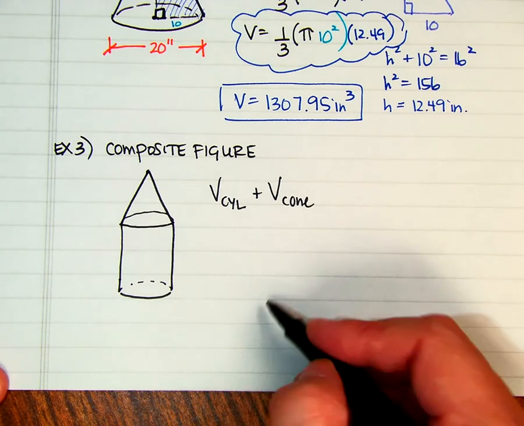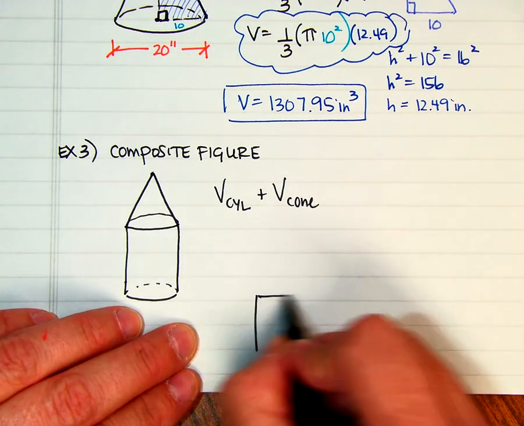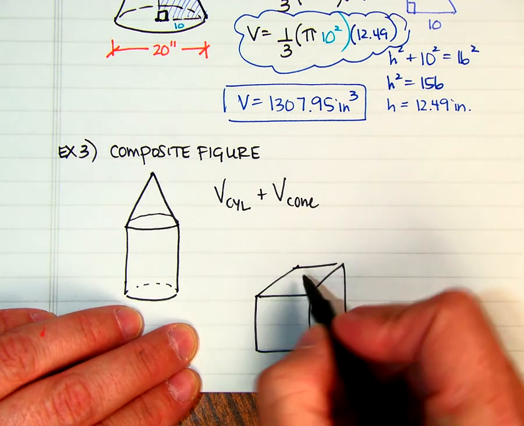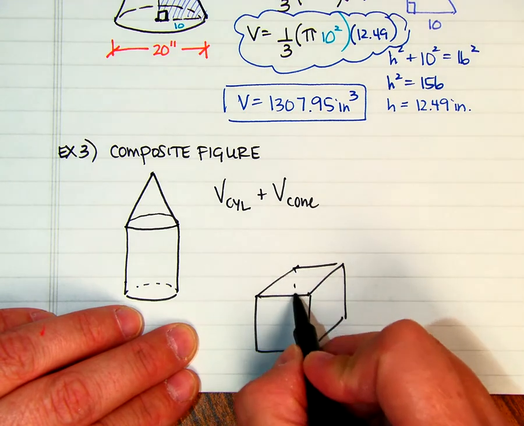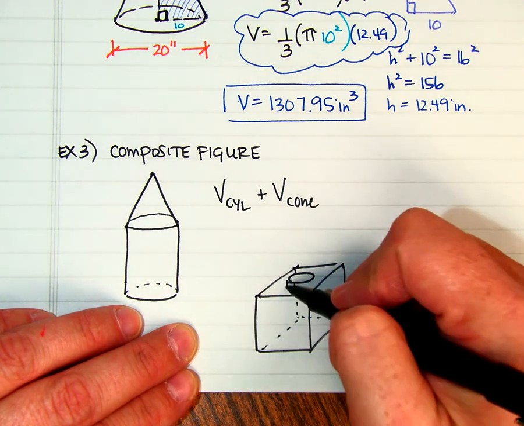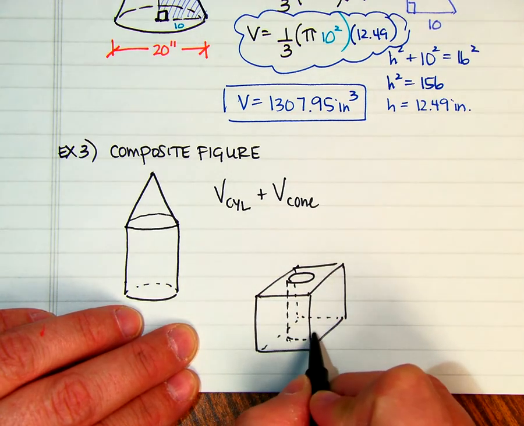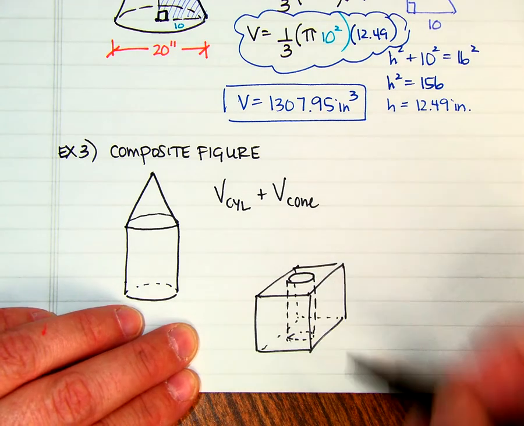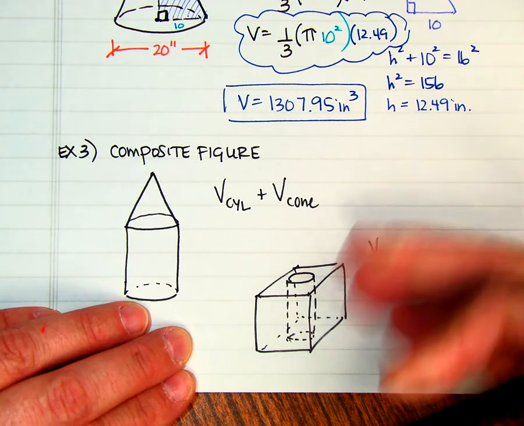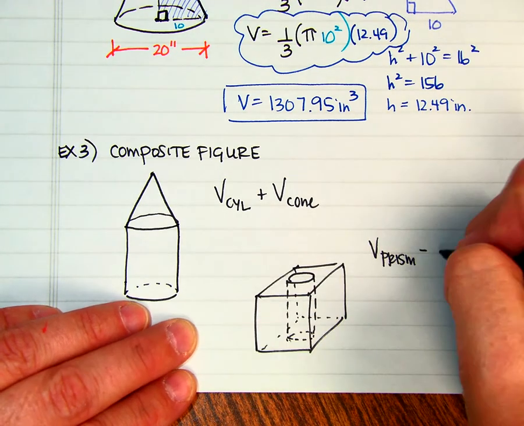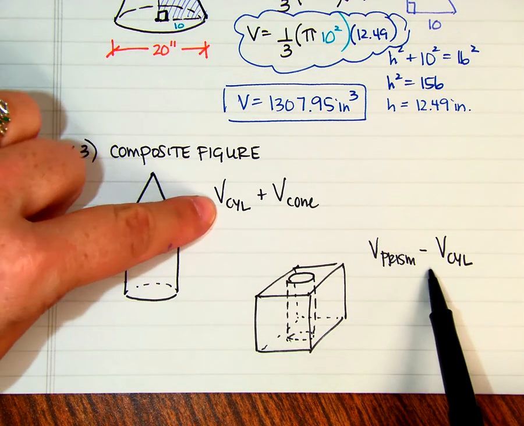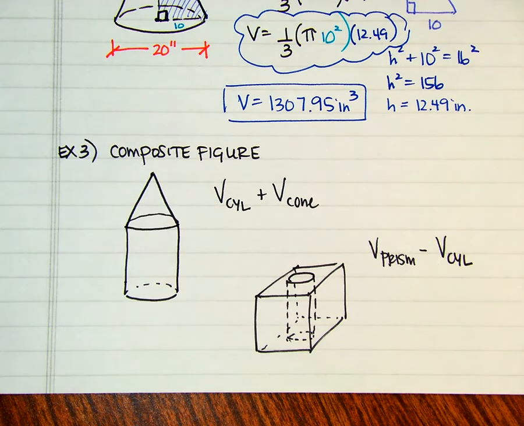Or maybe I would have a prism with a hole drilled in it. For this one, I would do the volume of the prism, and because I'm taking that centerpiece out, I would subtract the volume of the cylinder. And I do recommend writing these two things out. It gets you going and it keeps your work very organized.